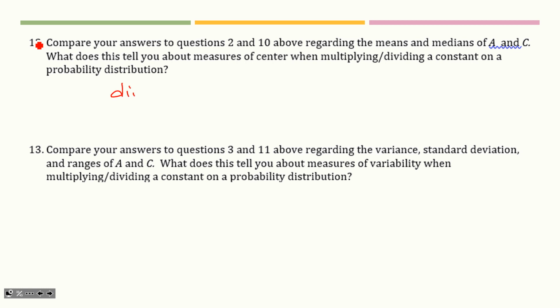So we divide or multiply by whatever the constant was. Now, number 13, did our standard deviation, did our range, did our variance, did they change?